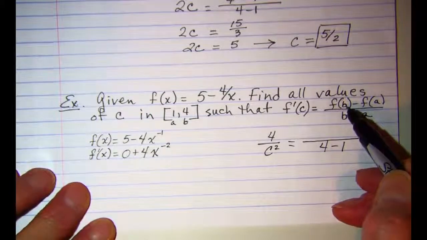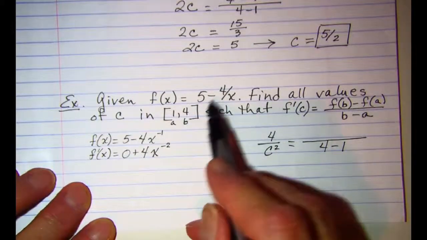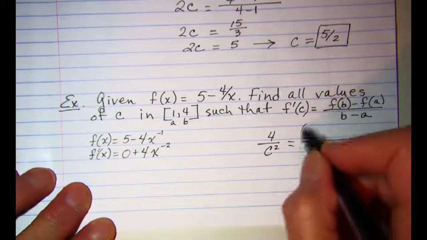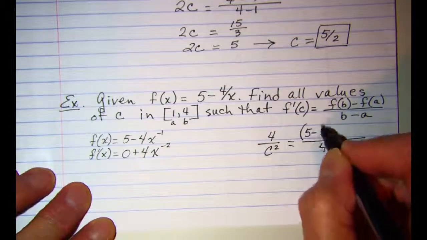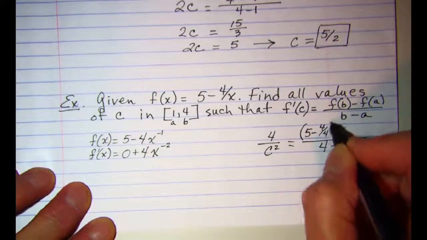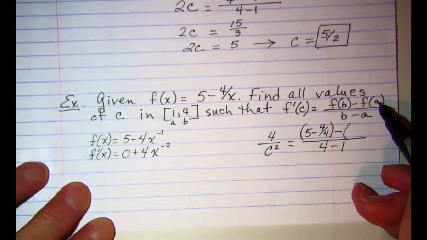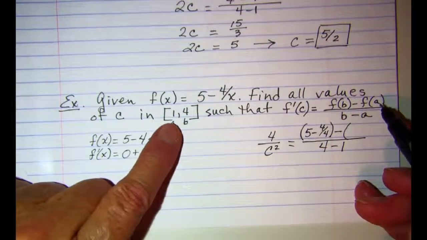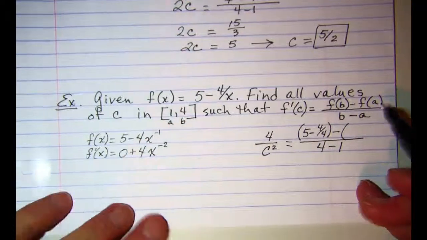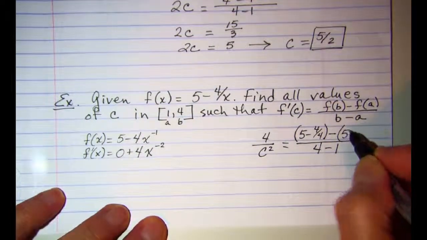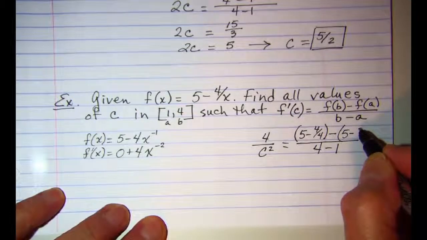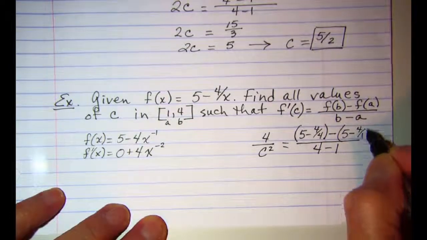F of b, I need to put 4 into my function, so that's 5 minus 4 over 4. And then subtract from that f of 1, since a is 1. So 5 minus 4 over 1.